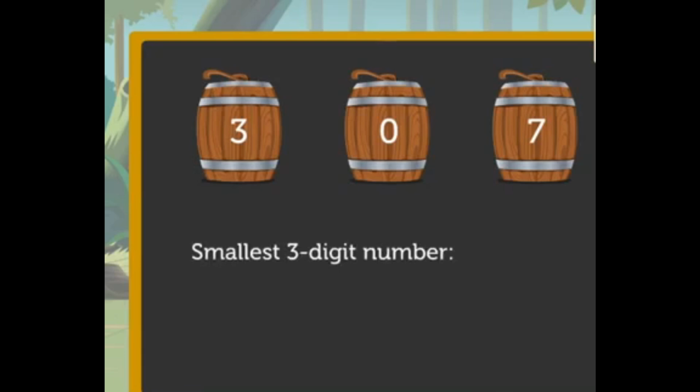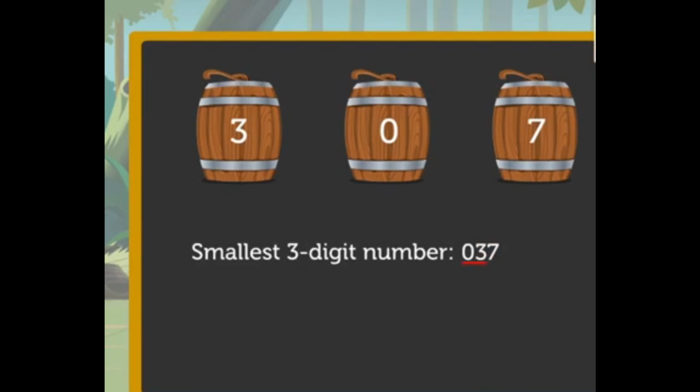So to form the smallest three-digit number using the given digits, we arrange them in increasing order. 0 is smaller than 3, is smaller than 7. But this number is not a three-digit number, it's a two-digit number.